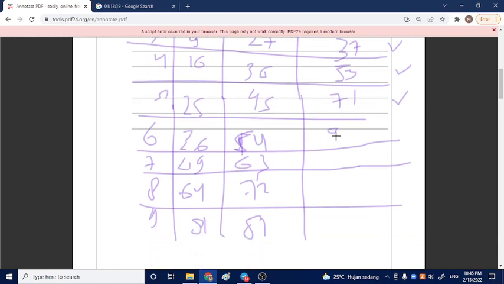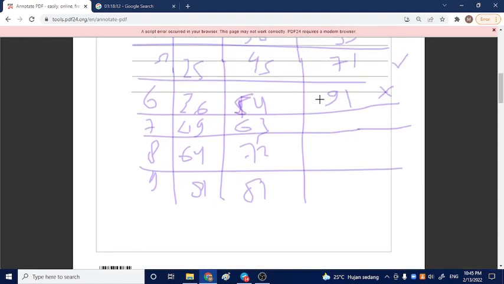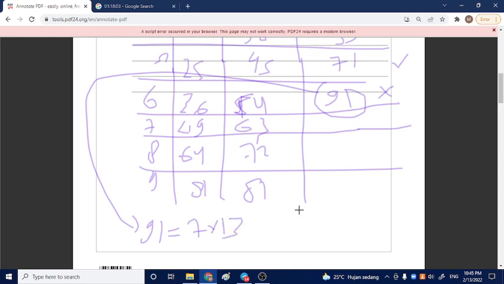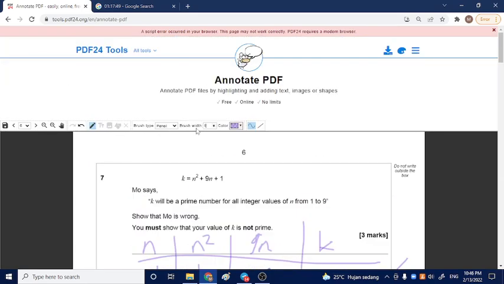This is 91. 91 is not prime since it's 7 times 13. Okay, for completeness, let's just check everything. This is 113. 113 is prime, I think. I can check that.